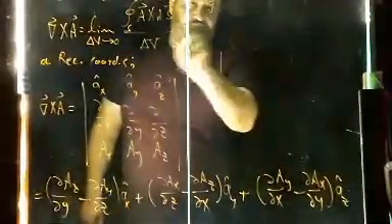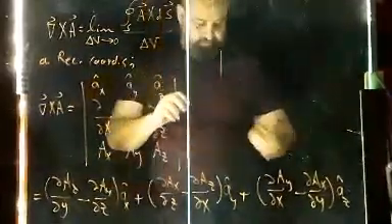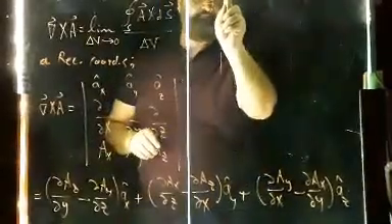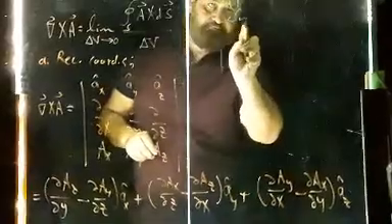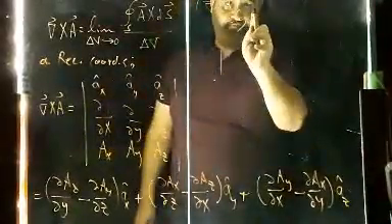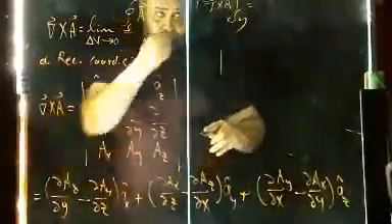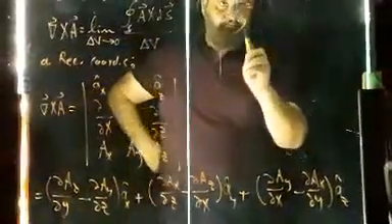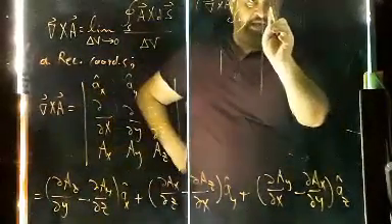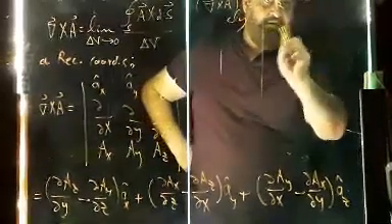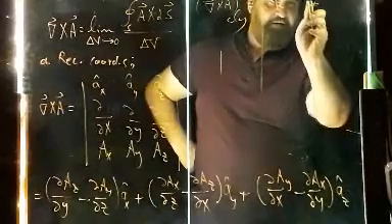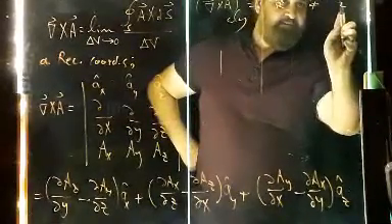The curl A in cylindrical coordinates is equal to the matrix of A sub R hat, A sub phi hat, A sub Z hat.